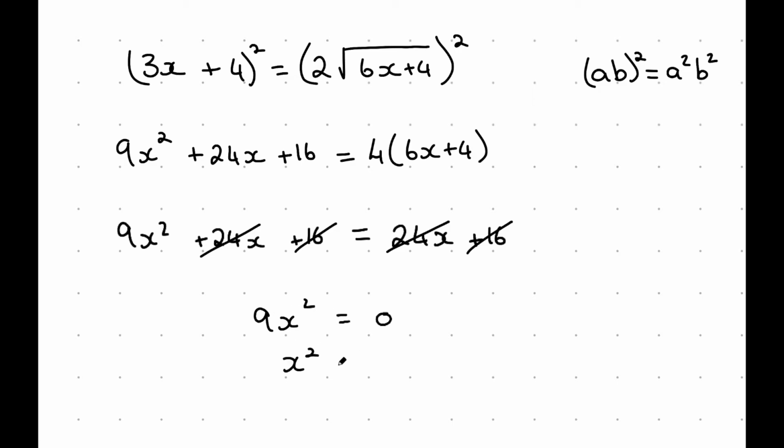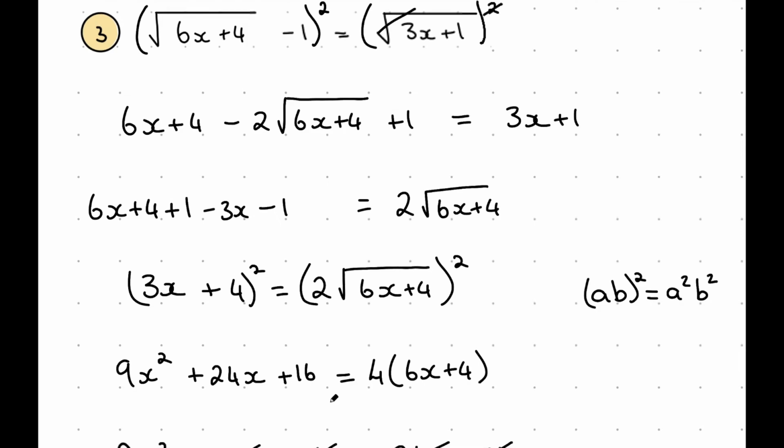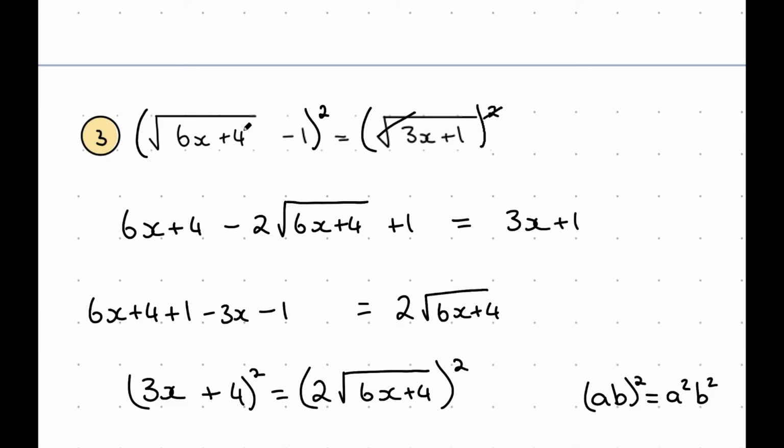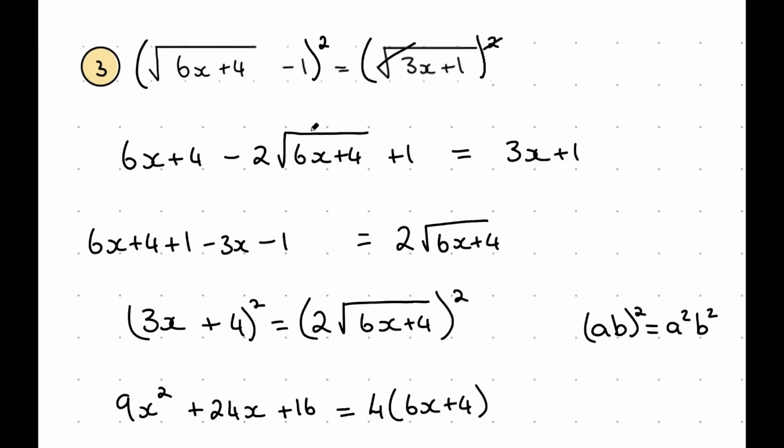X squared is 0, and therefore x is 0 in that scenario. So that one, a little bit of a catch, because that had to go in a bracket together, because it's this equal to all of that, so that's one single entity, so we put brackets around it and square it like that.